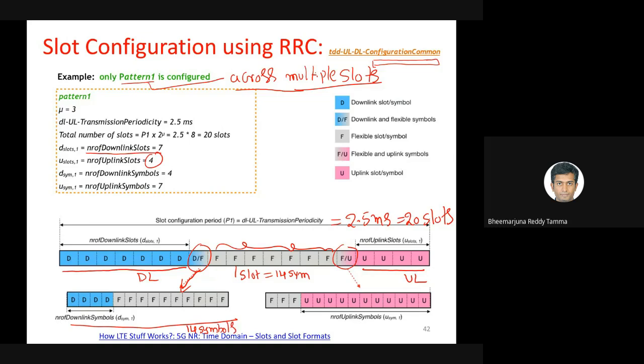Here you are saying how, in a given set of 14 symbols which are part of one slot, the symbols can be used for downlink or uplink. So in this case, the next 2 parameters say that the number of symbols used for downlink is 4 in a given slot, and the number of symbols used for uplink is 7.